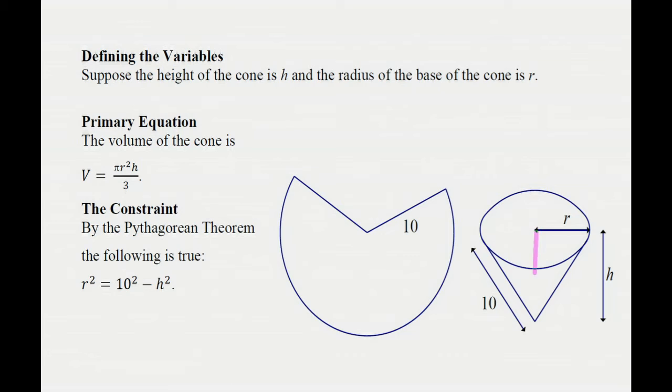This right triangle is being used to draw this conclusion. The hypotenuse is 10, so hypotenuse squared minus h squared has to equal r squared. And we're going to leave the constraint in this form. r squared is equal to 10 squared minus h squared. That's going to be convenient.